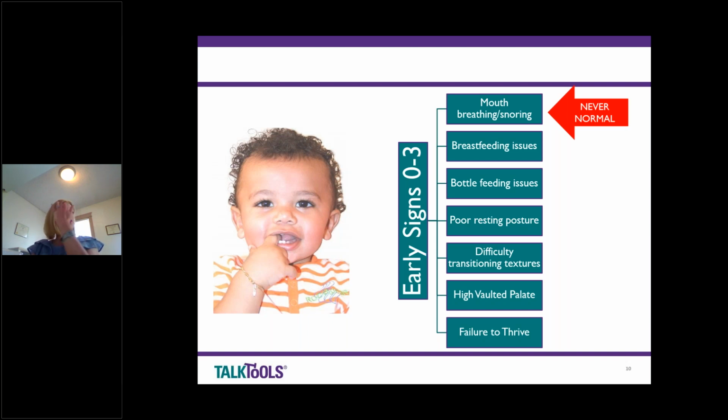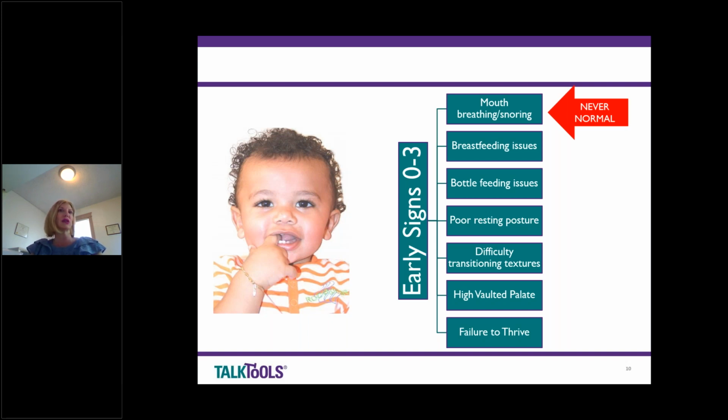Breastfeeding issues, babies born and not able to latch, and moms are getting really frustrated. Maybe the doctor is saying, just switch to formula, your baby's not gaining weight. Many times this can be a sign and symptom of a tongue tie, a lip tie, buccal ties, or other feeding challenges.